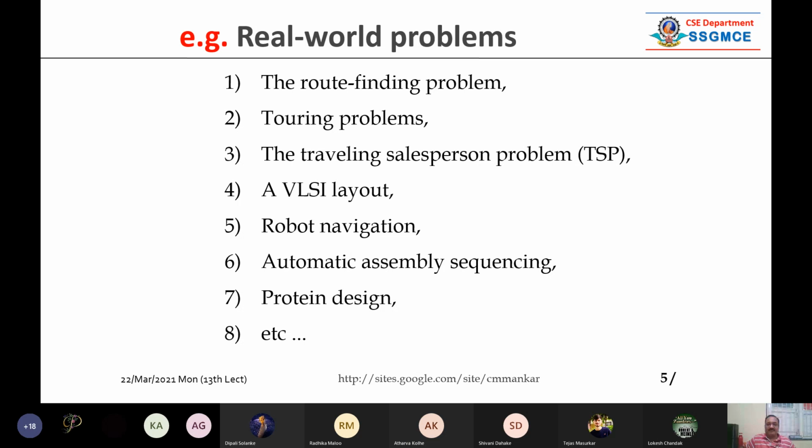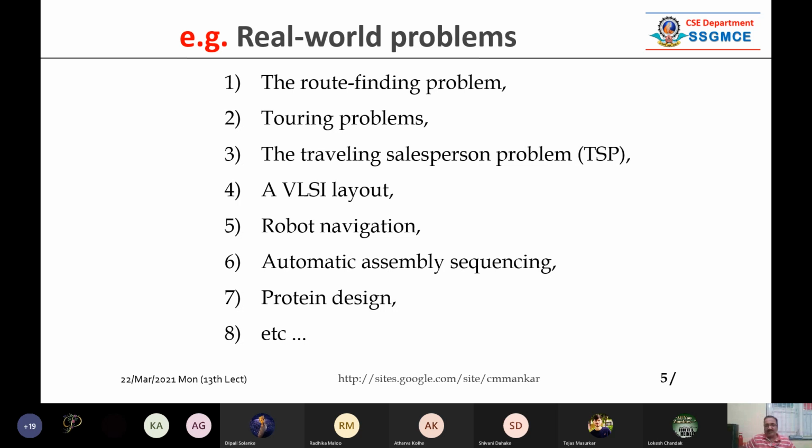Now there are certain real world problems. I may have repeated them, but I am still going to give them because from the exam point of view, they may ask you something about it. Route finding problem is there, touring problem is there, TSP is there. Note this TSP problem, the traveling salesperson problem, is very important. I have already talked about it. Robot navigation is there.